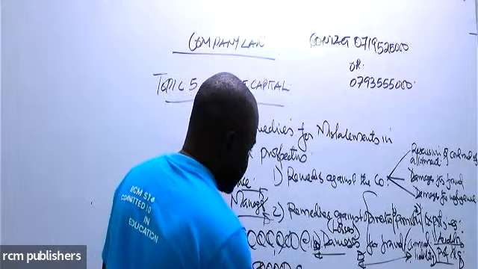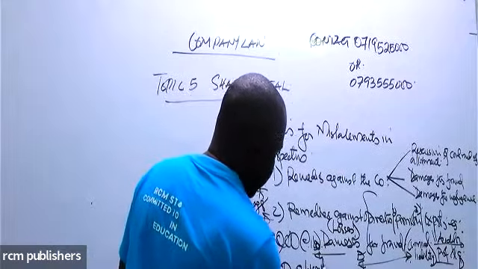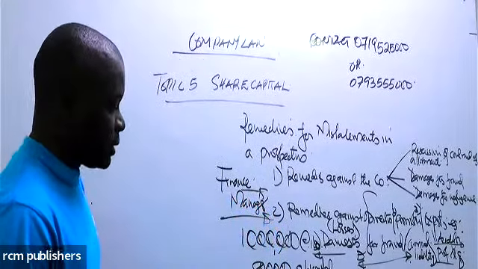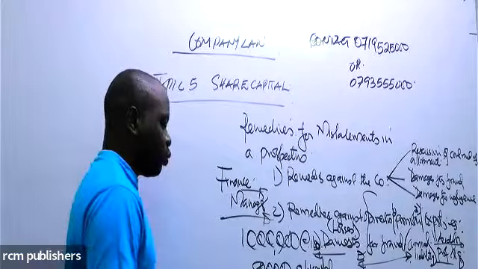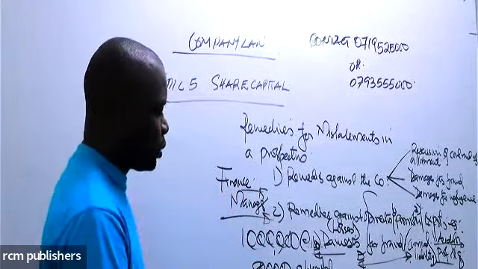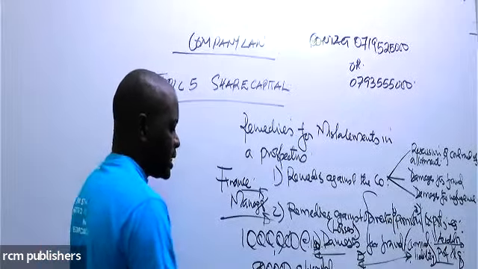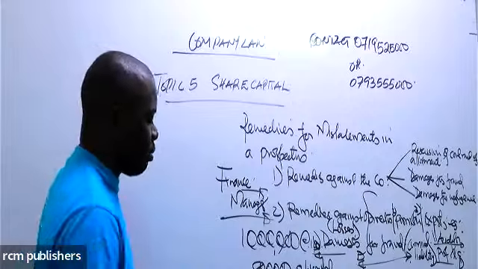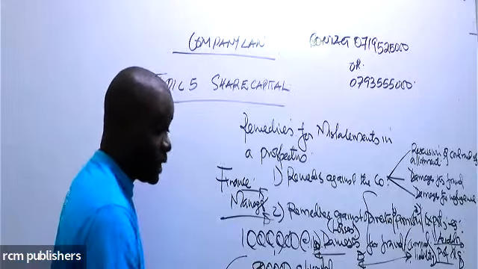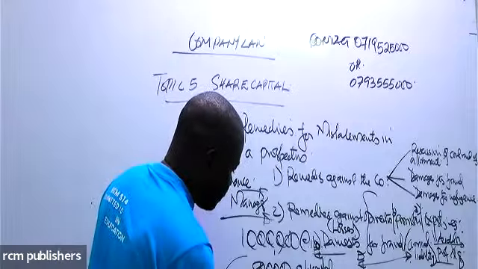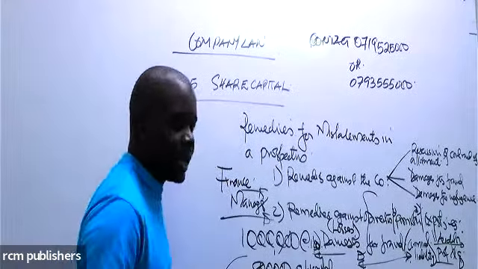You can see the intention of the company was to raise share capital worth a million shares of 100 each, but they have only been able to get a subscription of 800,000. So it simply means there's a gap of 200,000. So the company wouldn't have been able to hit or realize its targets.